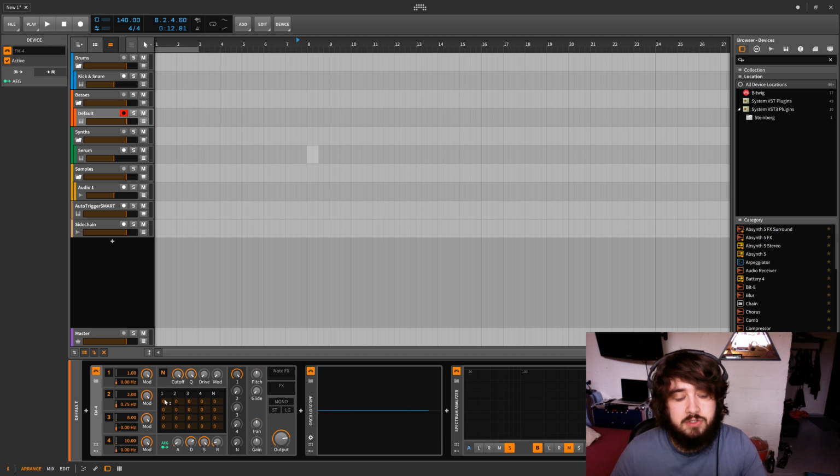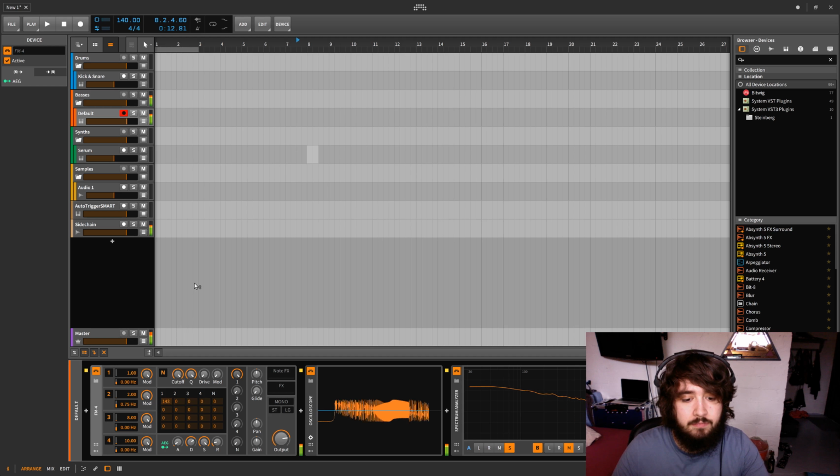So what we can do is I can take this first oscillator and I'll modulate the first oscillator with it. Then eventually it just becomes noise. First oscillator, and modulate it with the second one.